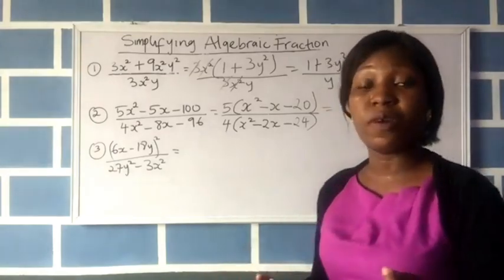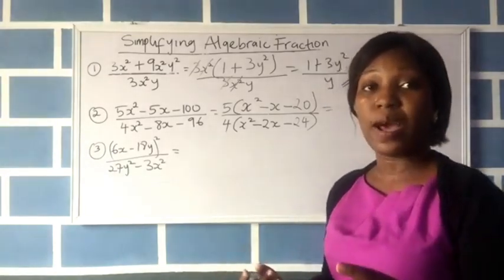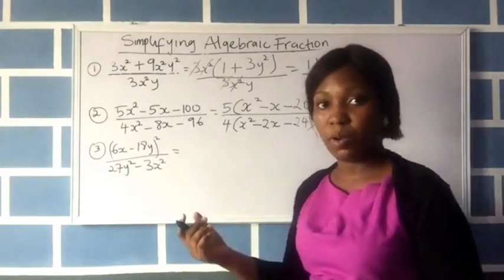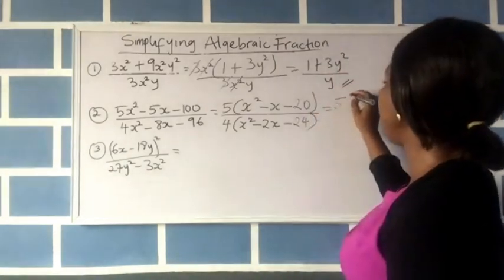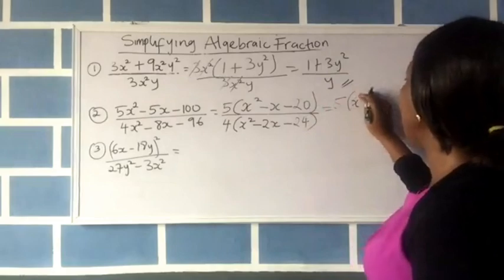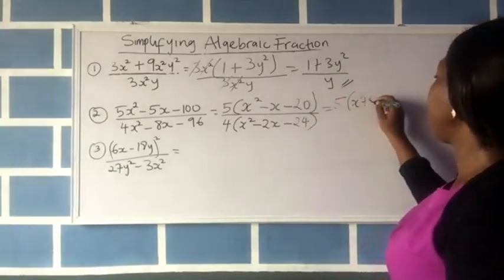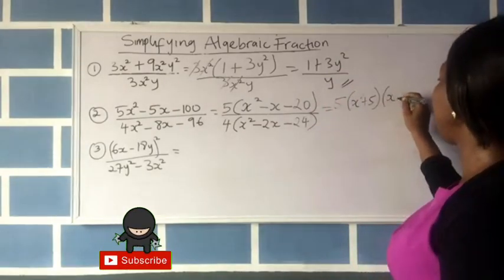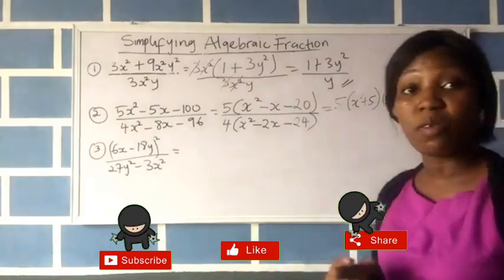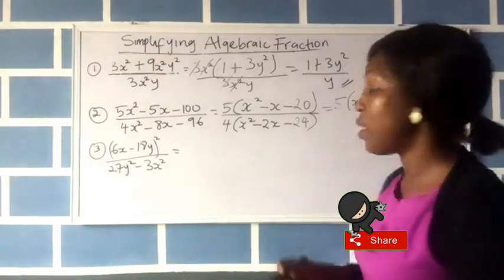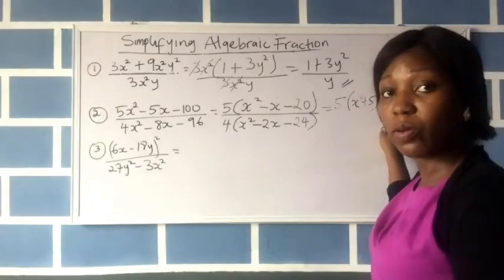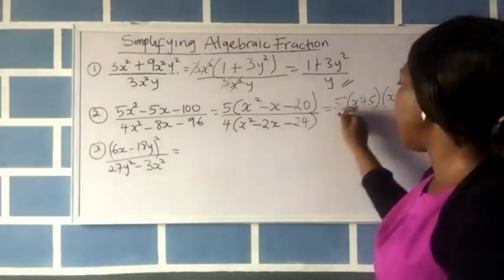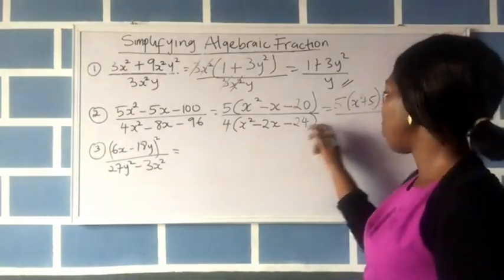So I have it as 5 bracket x plus 4 and x minus 5. After factorizing, my final answer gives me x plus 4 and x minus 5, divided by this also.